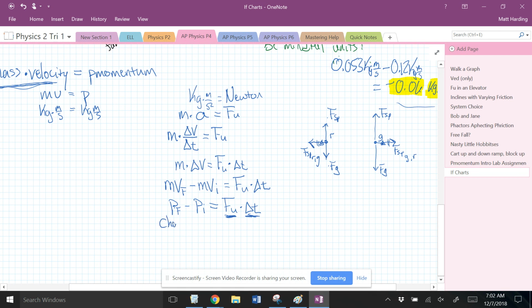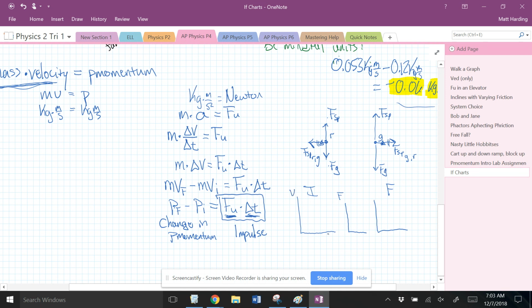So what you're looking at here is a change in momentum. And this side over here, the product of unbalanced force and time, is called the impulse. One thing I like that I saw in the book, in between the I and the F, they have another one, a force versus time graph.